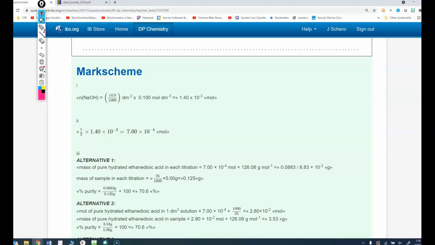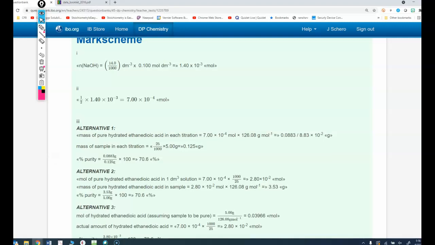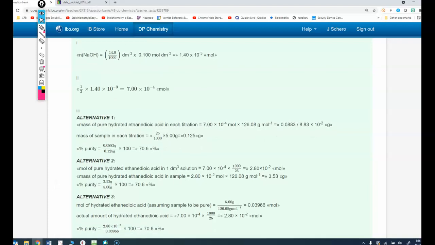Okay, they ended up getting what we ended up getting there, pure hydrated. All right, so it looks like they did things differently than we did it. So here is the number of moles. That's what I got for the number of moles, actual amount hydrated, which would have been multiplying that by moles.